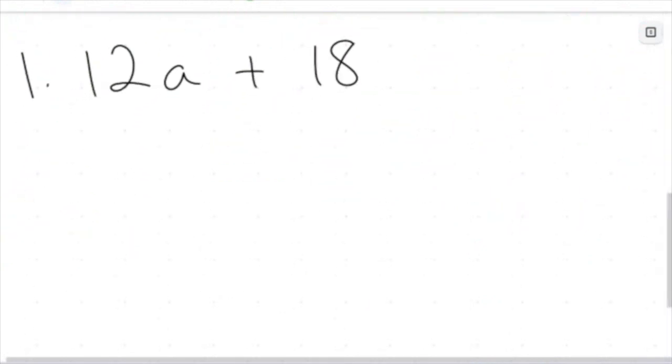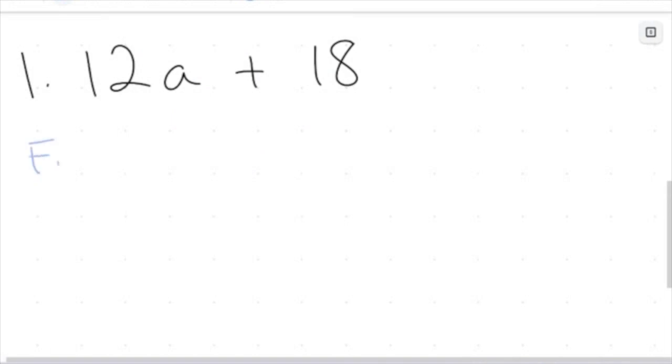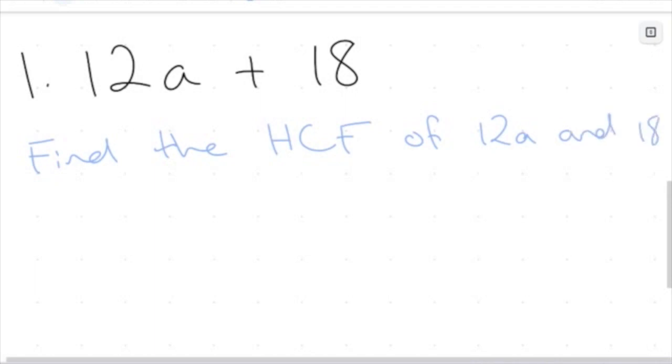So, in order to factorize, we want to find the highest common factor of 12a and 18. We want to find a number that goes into both 12a and 18. In fact, we want the highest possible number that goes into these.